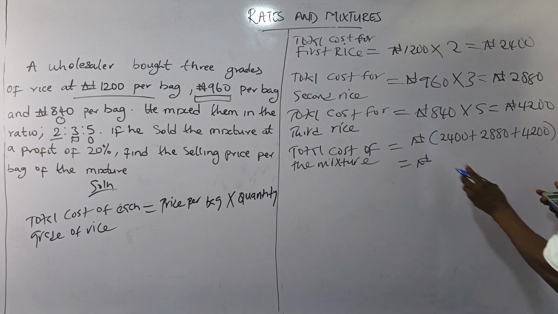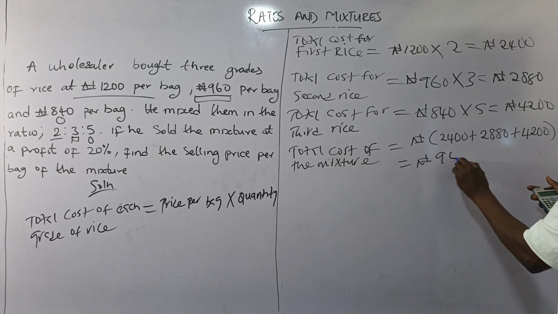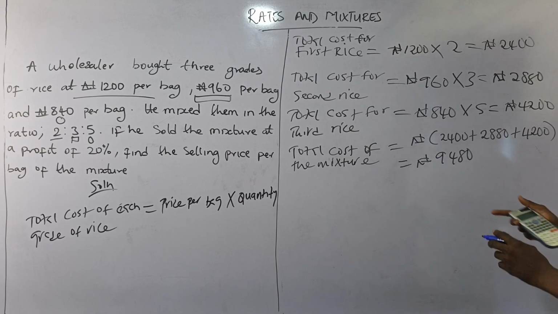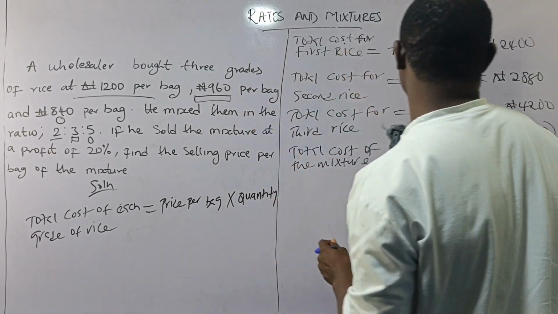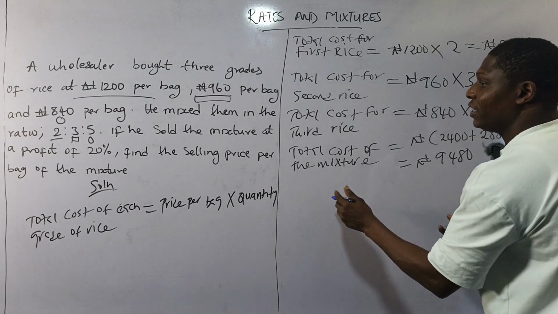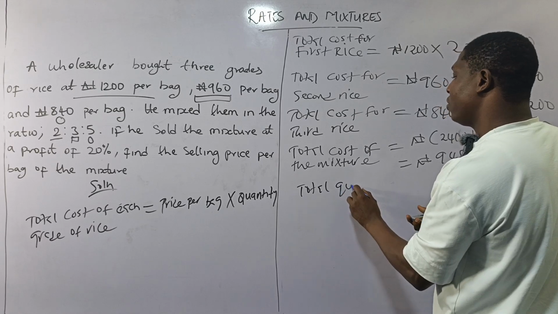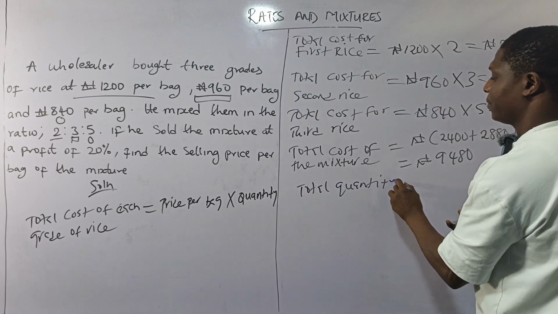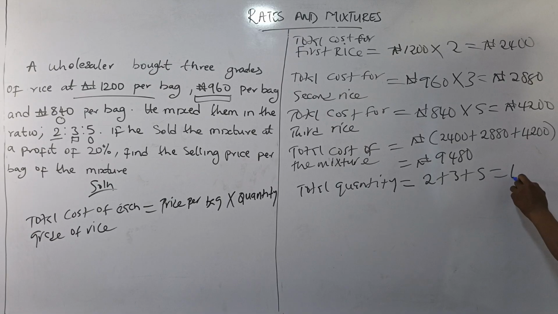That gives us 9,480. Now this is the total cost of all 3 different grades of rice with respect to their quantity. Now, total quantity is equal to 2 plus 3 plus 5, which is equal to 10.